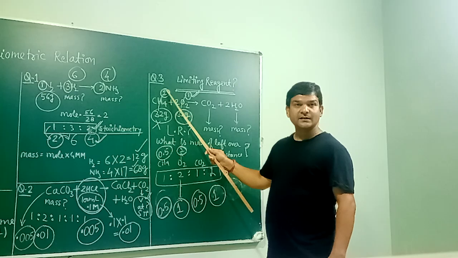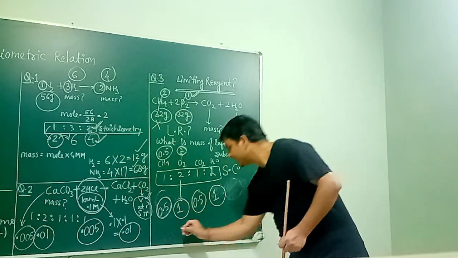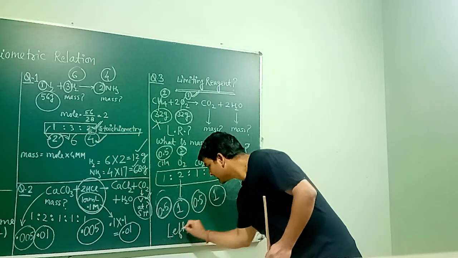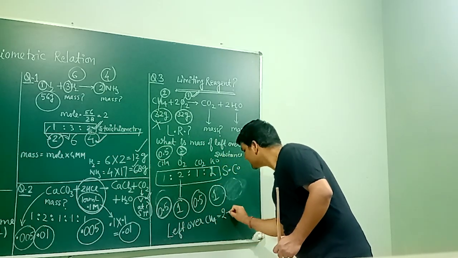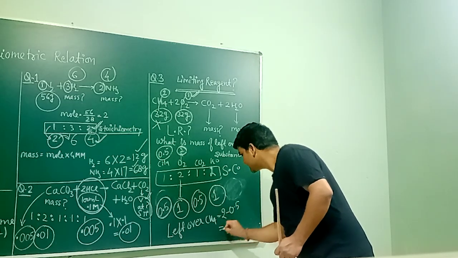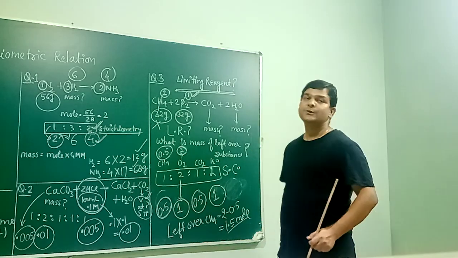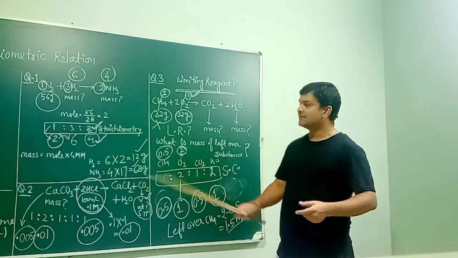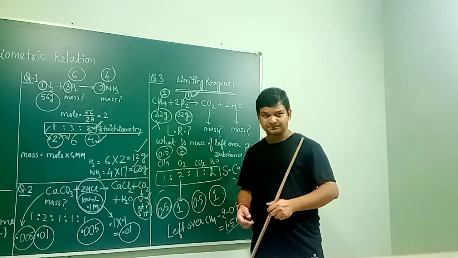It means leftover methane is 2 minus 0.5, which is 1.5 moles. Once again, you can convert moles into mass by the same formula. So remember, this is a tricky question.